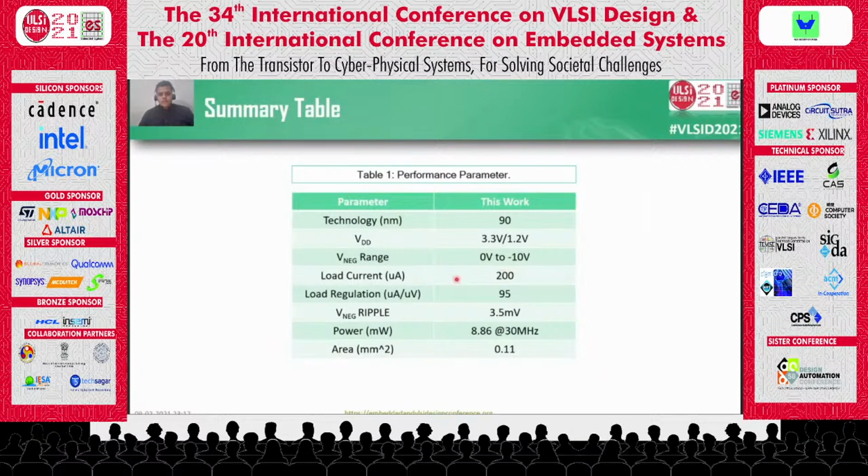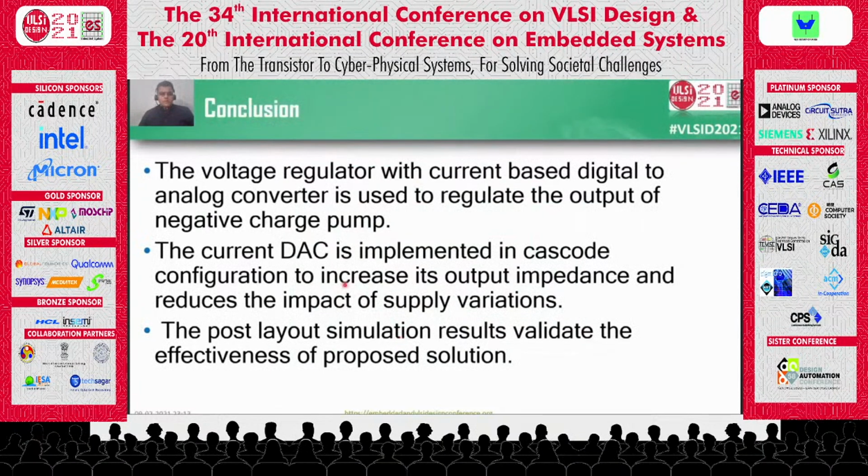We have a load regulation of 95 microampere upon microvolt. Ripple at our output is around 3.5 millivolt with the highest current load, and power consumption of our circuit is 8.86 millivolt at 30 megahertz, and the total area consumed by our circuit is 0.11 millimeter square. In the next slide, we will see the conclusion.